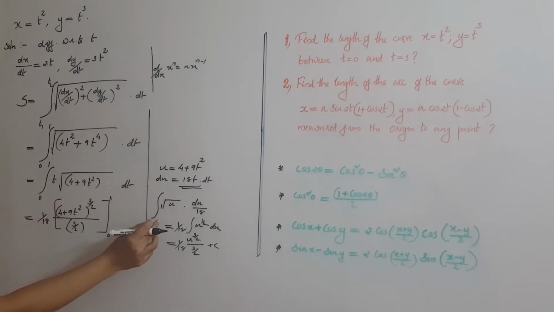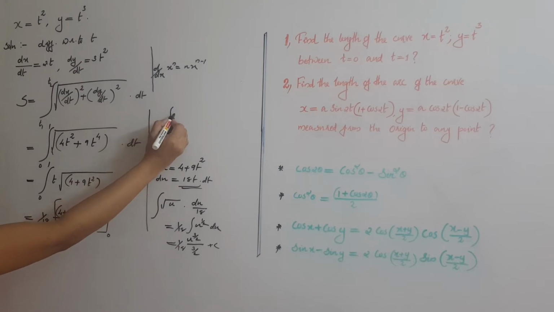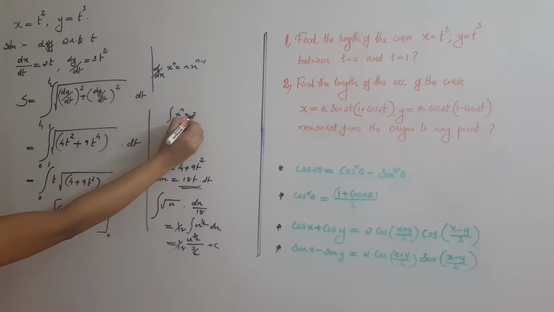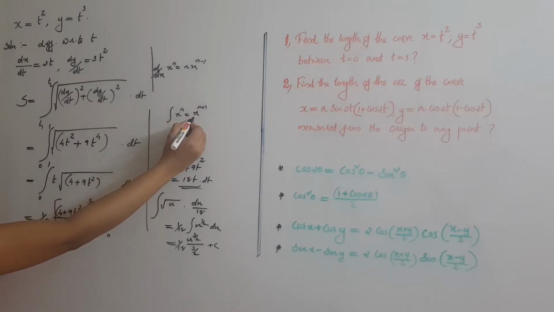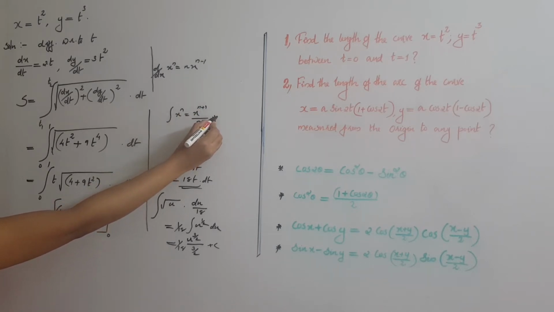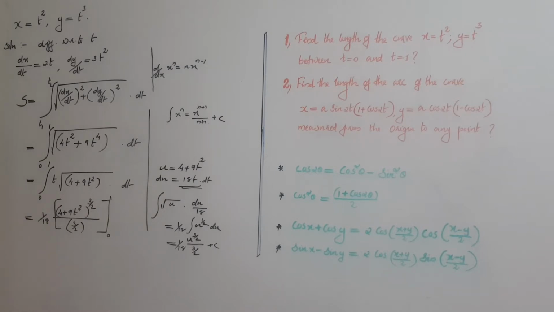Here we know that integral of x raised to n is x raised to n plus 1 divided by n plus 1 plus a constant c. Now this can be written as 2 by 3 into 1 by 18. Apply the upper limit, then we get (4 plus 9) raised to 3 by 2 minus 4 raised to 3 by 2.